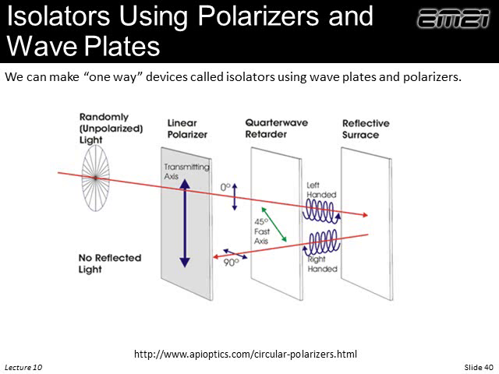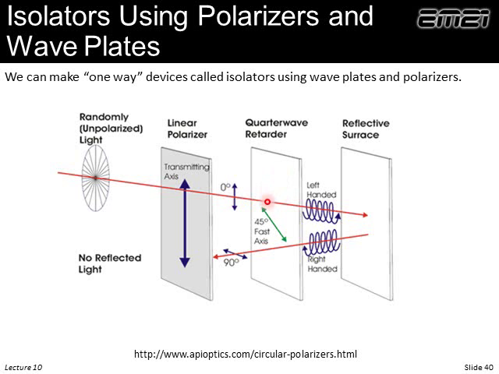Folks make isolators with optically active materials and polarizers combined. So imagine we have some randomly polarized light or electromagnetic wave, and it passes through a polarizer. So it only passes a polarization that is up and down.